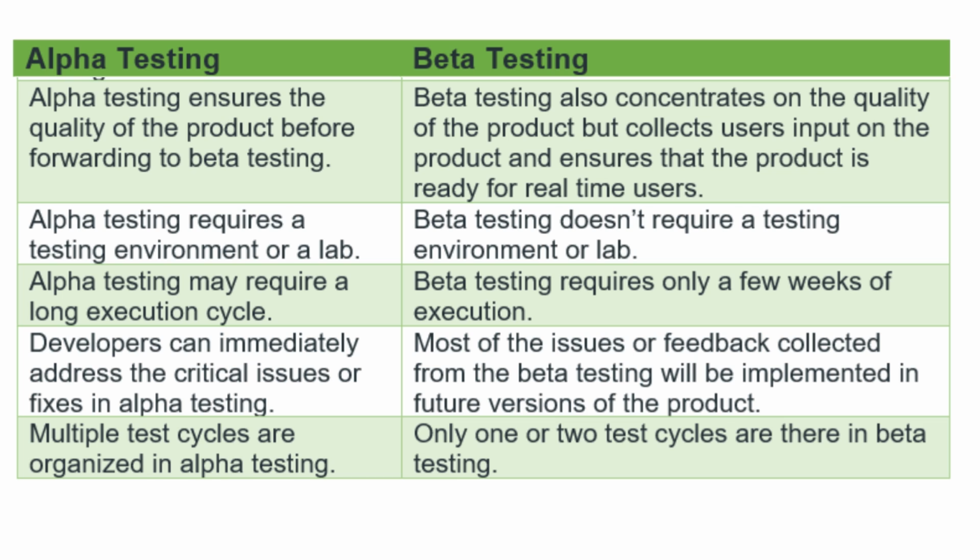If the developer is testing the product and finds any issue, then at that time only he will report it and start fixing the issue. Now I'm talking about this in terms of beta testing. Most of the time, the issues or feedback collected from beta testing will be implemented in a future version of the product.